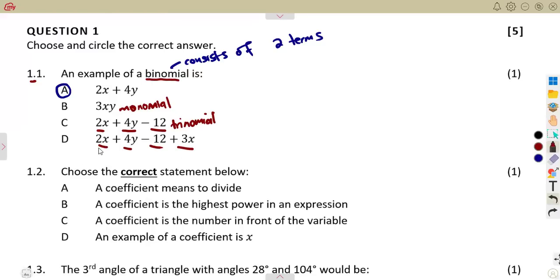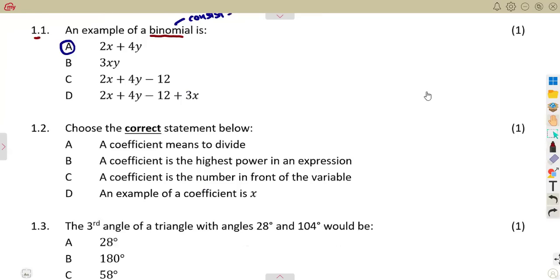Because we've got 4 terms, that is a quad, so this one is going to be a quadrinomial. The most important part is the prefix: quad is 4, tri is 3, mono is 1, bi is 2. So in this case, our answer was supposed to be A, where we have 2.